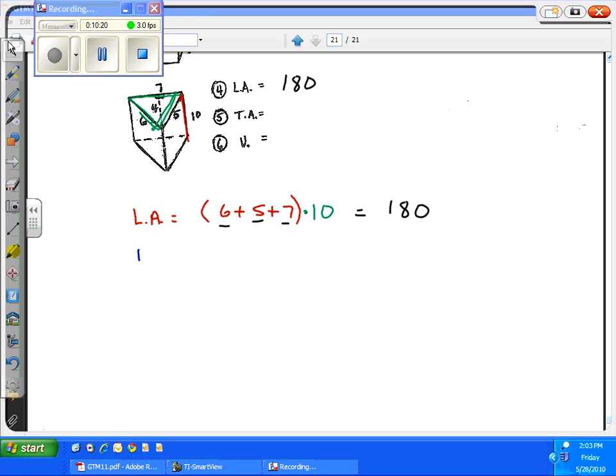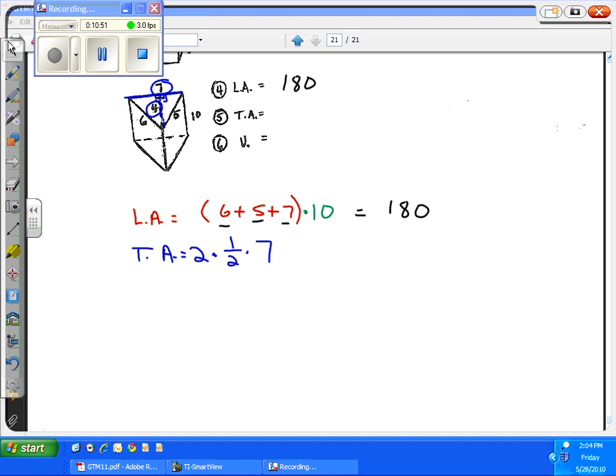To get the total area, you need to add the top and bottom to that. So we're going to have 2 times the area of the bottom. The bottom is a triangle. The area of a triangle is 1/2 base times height. So we have 2 times the area of the bottom, which is 1/2 times the base. We're going to make 7 the base because it's the one that has an altitude drawn to it. So we're going to use 7 as the base and 4 as the height.